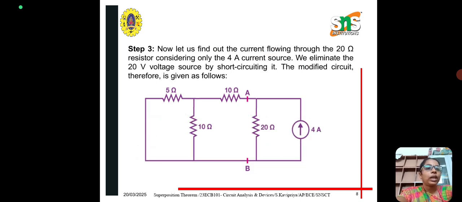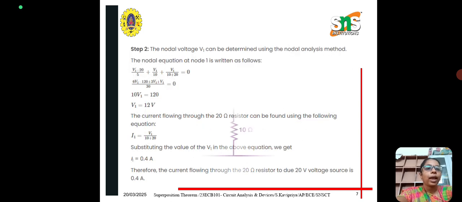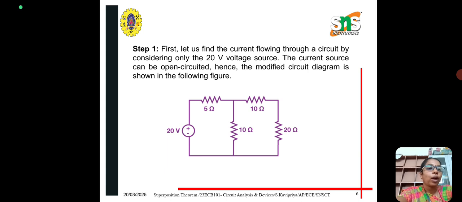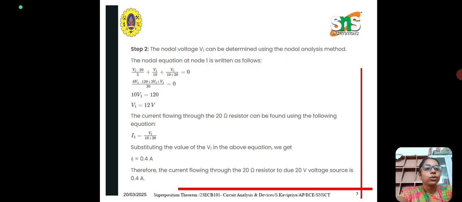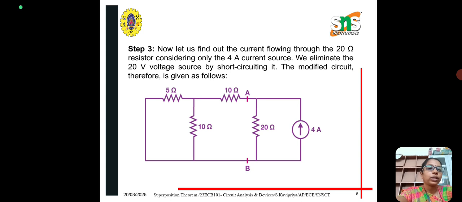Next step, we will be short circuiting the voltage source. In the first step, we open circuited the current source, and in the second step, we are going to short circuit the voltage source and consider only the 4 amp current source.